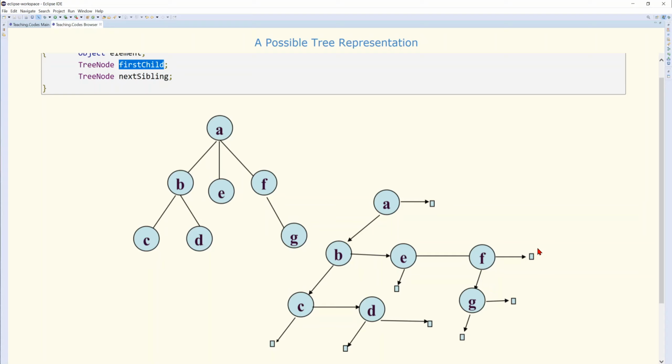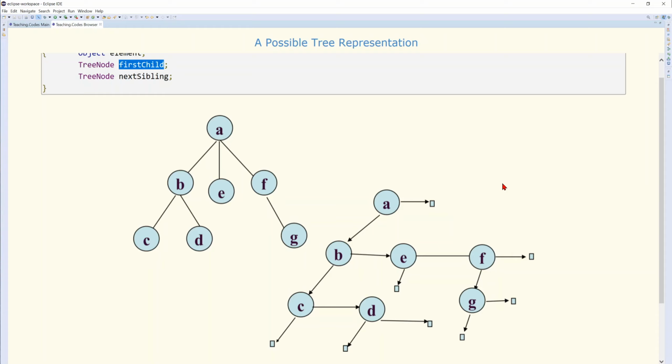So that's also null. Similar is true for D. C, D, and also E and G have no children. So the first child link for C, D, E, and G is null. And also the root has no sibling. Remember, the root is the only one at that level. Therefore, its sibling field would be null.